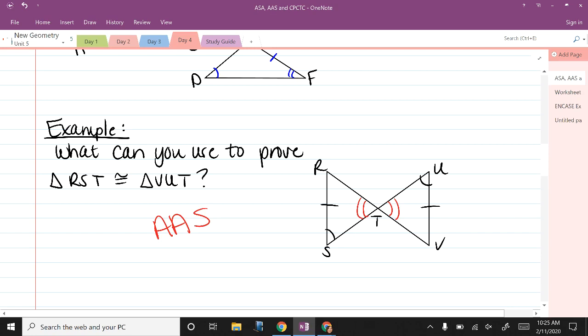Yeah, and you can't use angle side side, right? No angle side side.